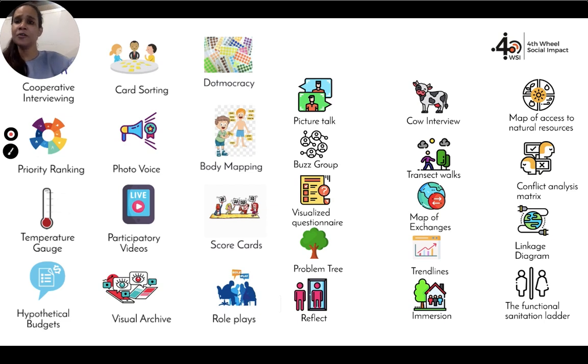I already explained hypothetical budgets, but it's basically giving your stakeholders the power to make decisions on where they would spend money or where they see more value for money. So in this example, you give students or teachers some sort of a budget, and you say that if we had to increase learning outcomes of students, in which aspects would you really invest your money?